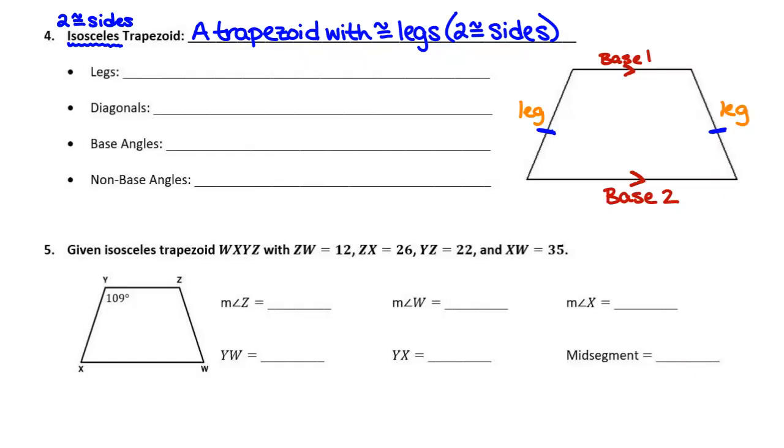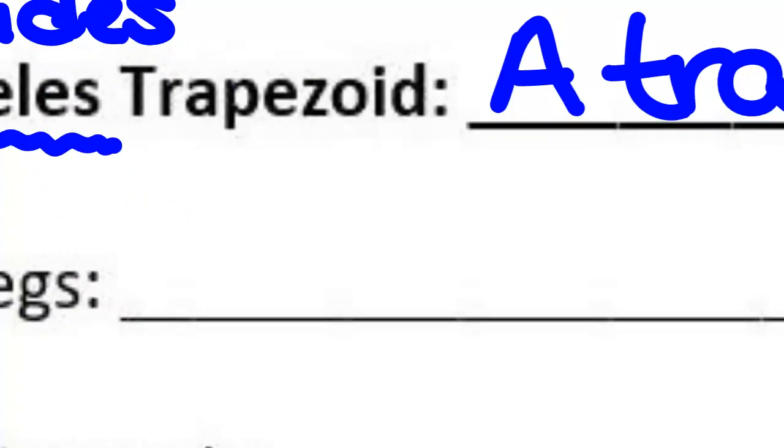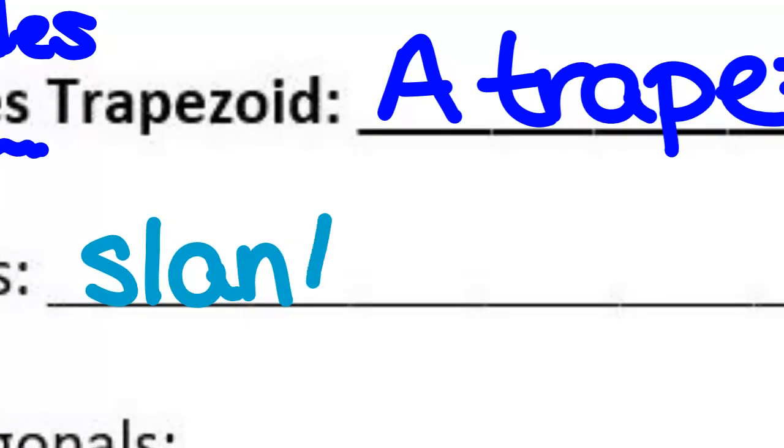So we're going to talk about the properties of an isosceles trapezoid, the properties of the legs, the diagonals, the base angles, and the non-base angles. The legs are the slanted, non-parallel sides.